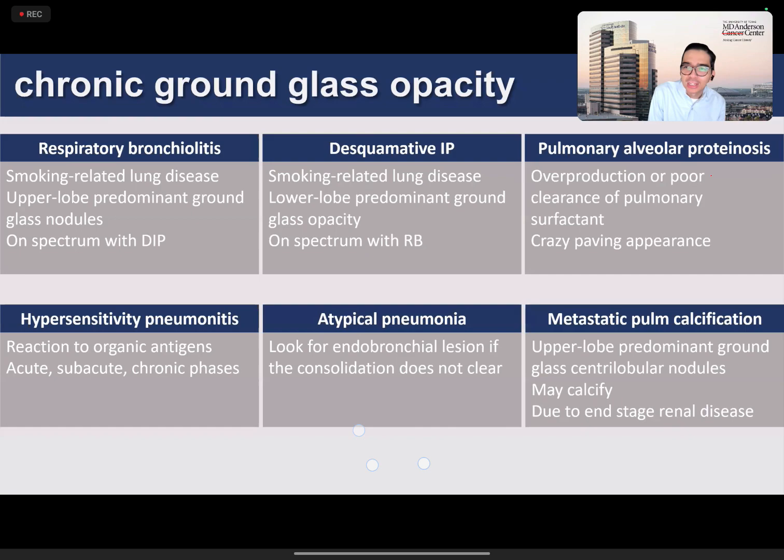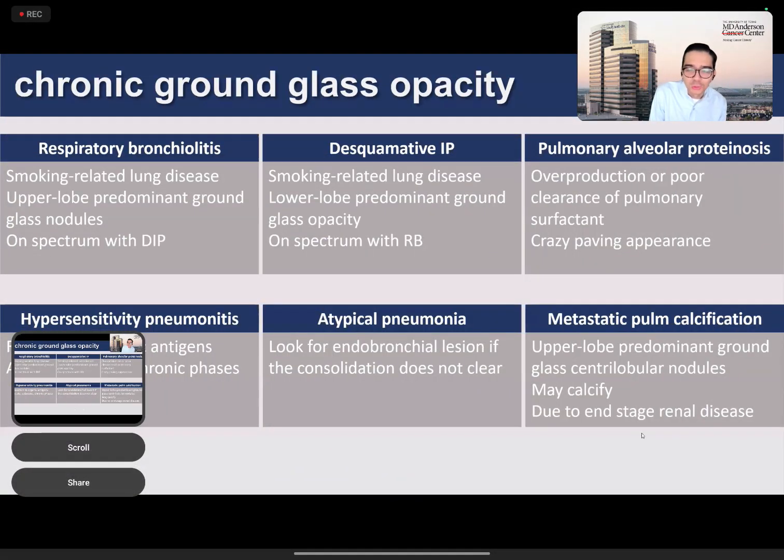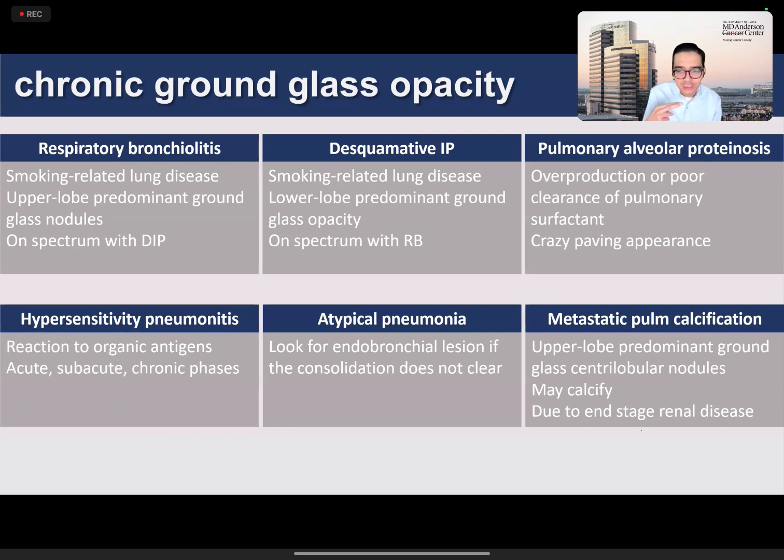I don't have a fancy mnemonic like I did for chronic consolidation, but remember to think of the smoking-related lung diseases, respiratory bronchiolitis and desquamative interstitial pneumonia, pulmonary alveolar proteinosis, and hypersensitivity pneumonitis, which, by the way, if a patient is a smoker, usually has a slight protective effect against hypersensitivity pneumonitis.